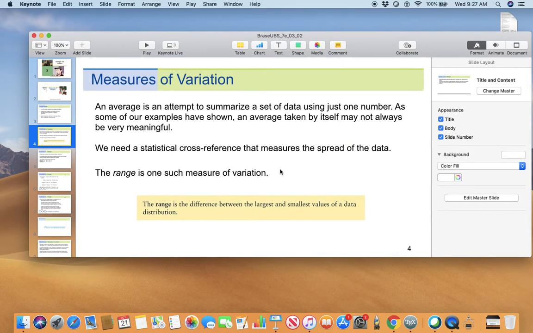For instance, family incomes in my neighborhood: it's good to say something like, the incomes in my neighborhood range from 10,000 per year to 2 million per year. I'm just making up numbers. So 10,000 to 2 million, that's an example of a range. You understand? The largest minus smallest is called range.